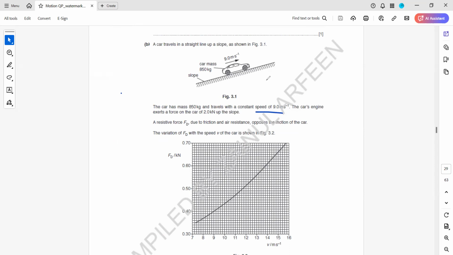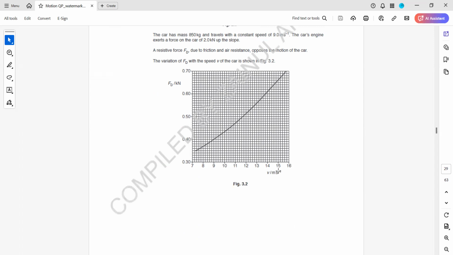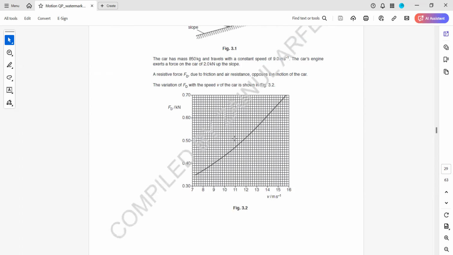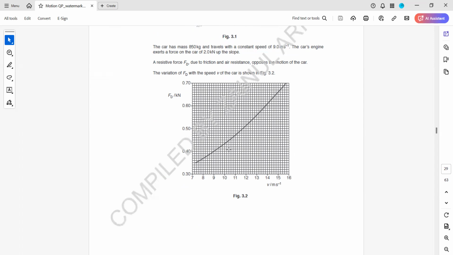If it is moving at a constant speed, it means there is no resultant force in this component. The resistive force due to friction opposes the motion and varies as the speed varies. As you can see in the figure, there is a different resistive force for different speeds. At 9, the resistive force is 0.4.